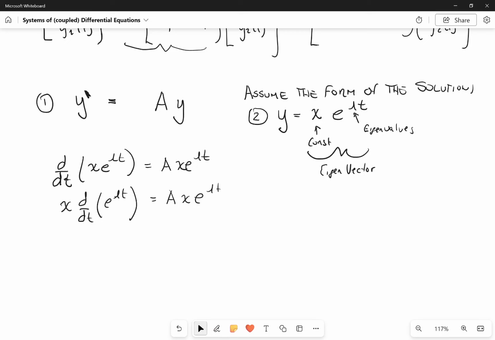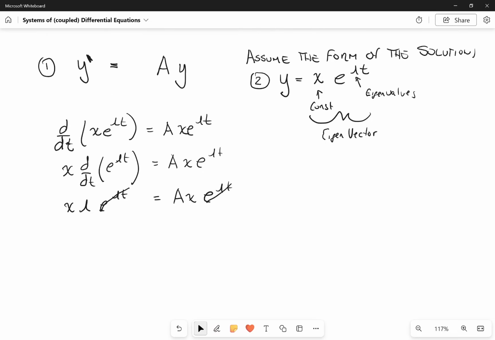It's just lambda e to the at. So this becomes x lambda e to the lambda t equals a x e to the lambda t. These cancel each other out; you can divide both sides by e to the lambda t. So what we end up with is ax equals lambda x, let me just reverse.